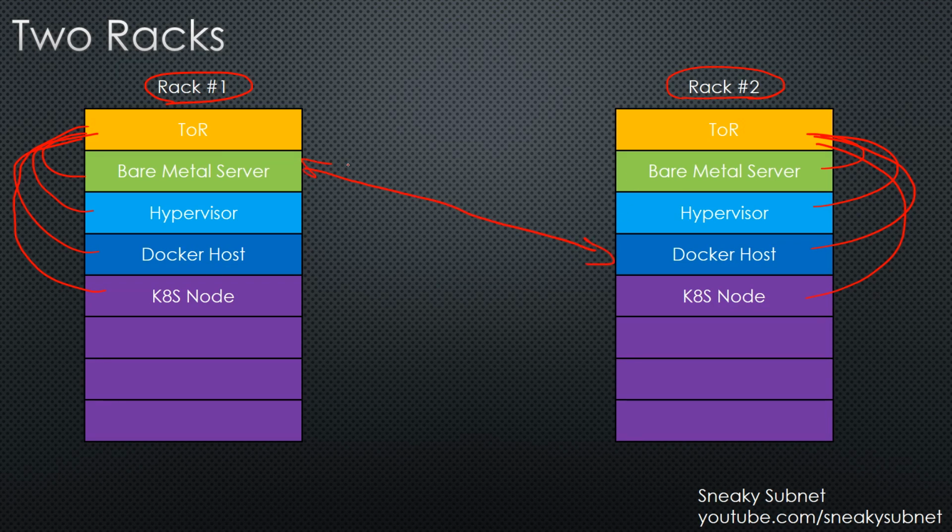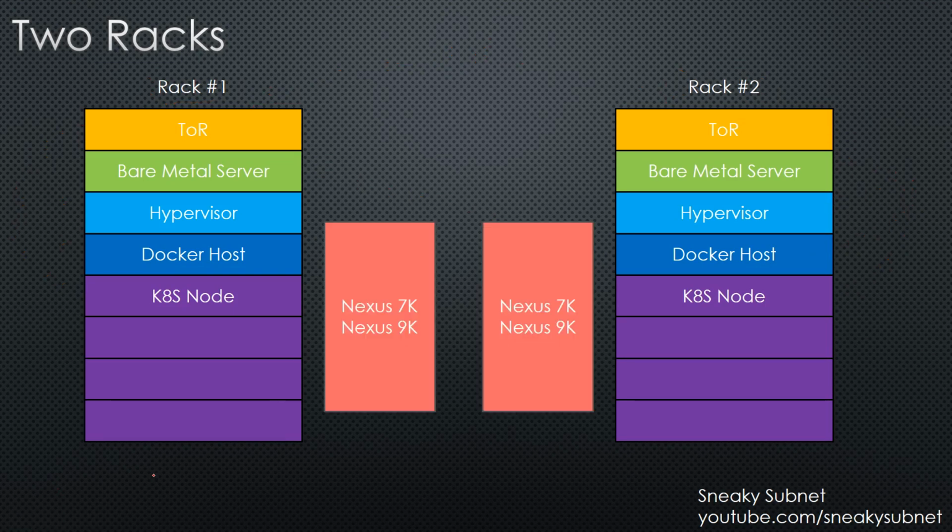The easiest way to establish that connectivity is to directly connect our top of rack switches. But this approach isn't good because it isn't scalable. So in real life, we will place intermediate switches like Nexus 7K or Nexus 9K. These guys are big physical boxes which typically contain multiple line cards, multiple supervisors, multiple power supplies.